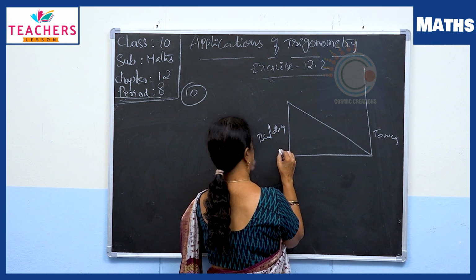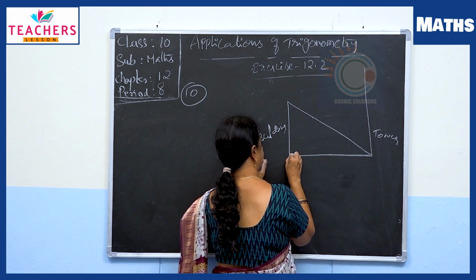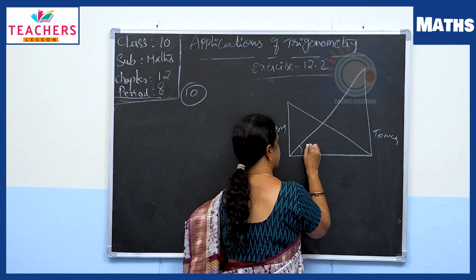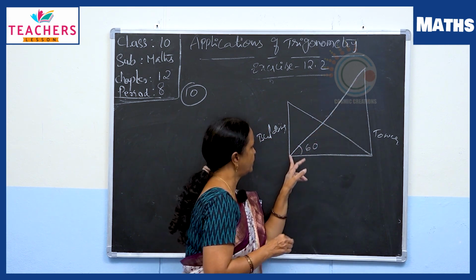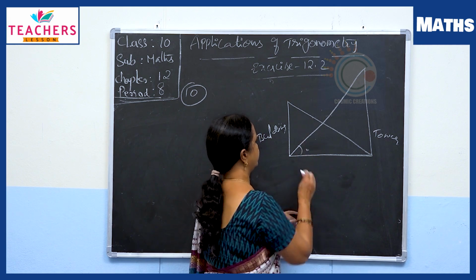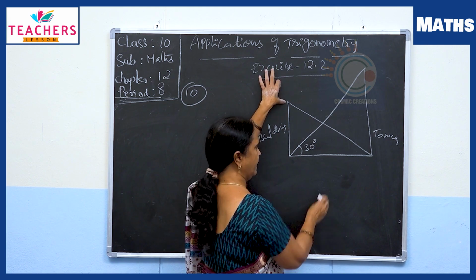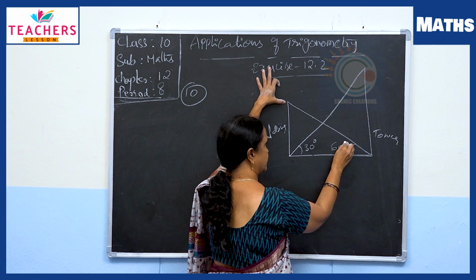The angle of elevation of the top of the building from the foot of the tower is 60 degrees. Top of the tower, foot of the building: 30 degrees. Top of the building, foot of the tower: 60 degrees.